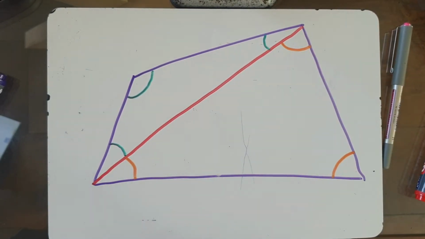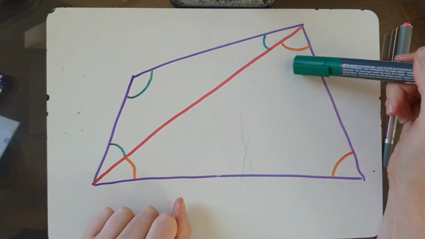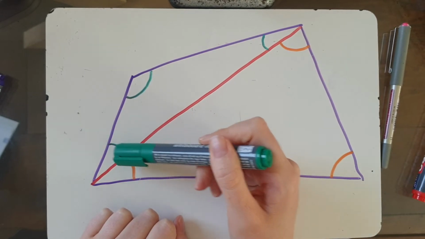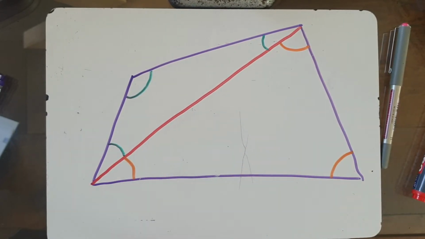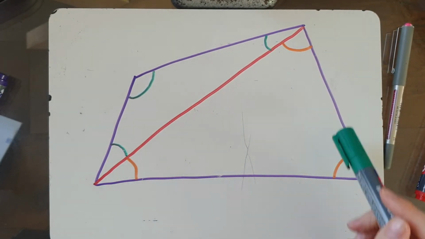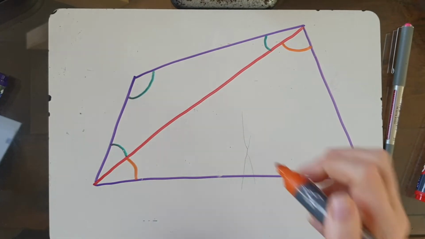So if we added them all together, we'd get 180 plus 180. So the angles in the quadrilateral would add up to 360.